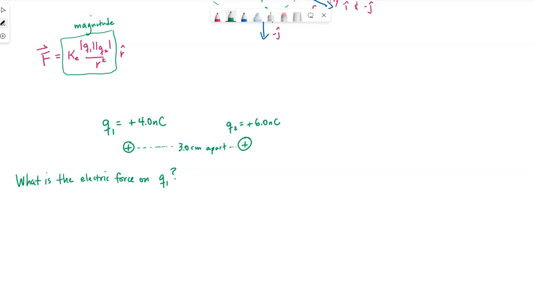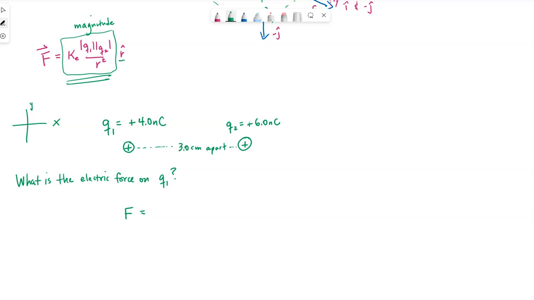So the magnitude is easy enough, hopefully. I'm using just this equation, k Q1 Q2 over r squared. And then I will assume a typical Cartesian coordinate system and put the direction on it.